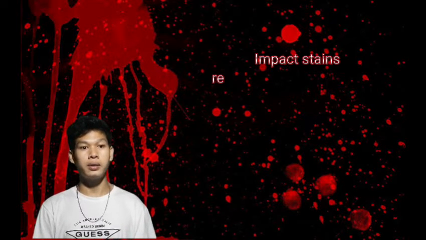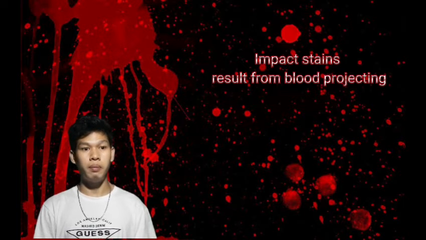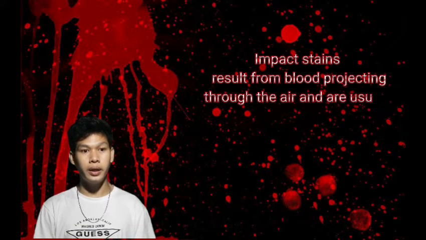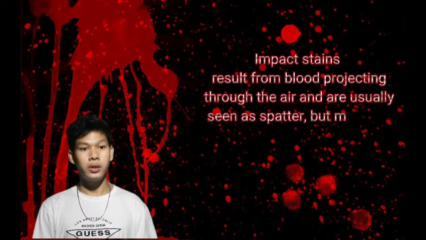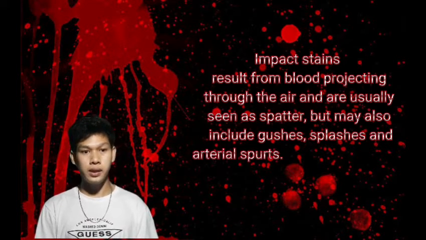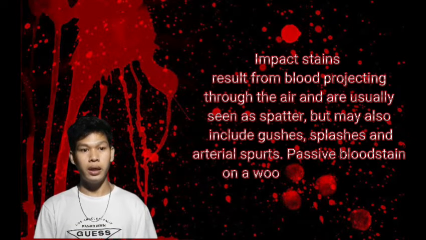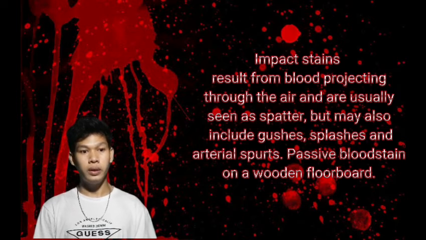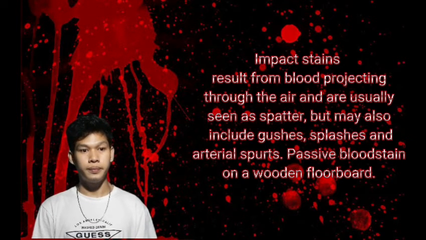Next is the impact stain. It results from blood projecting through the air and is usually seen as spatter, but may also include gushes, splashes, and arterial spurts. Here is a passive bloodstain on a wooden floorboard.